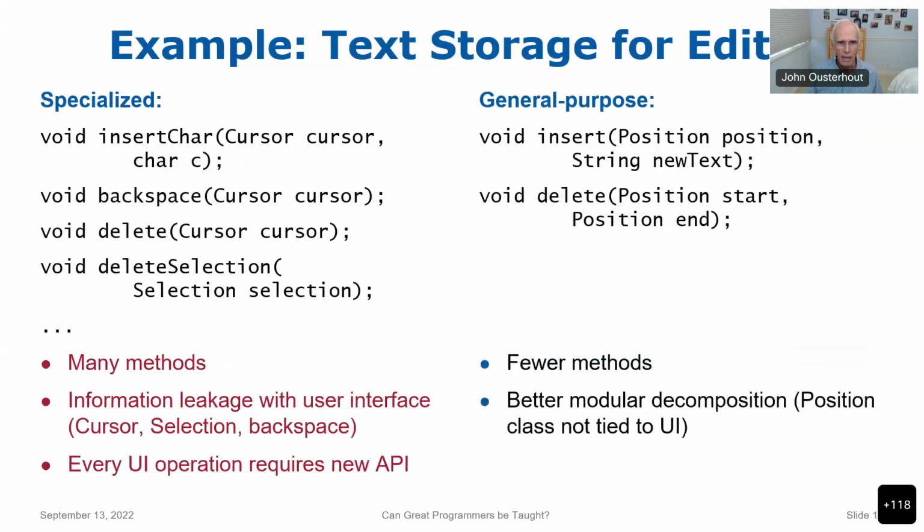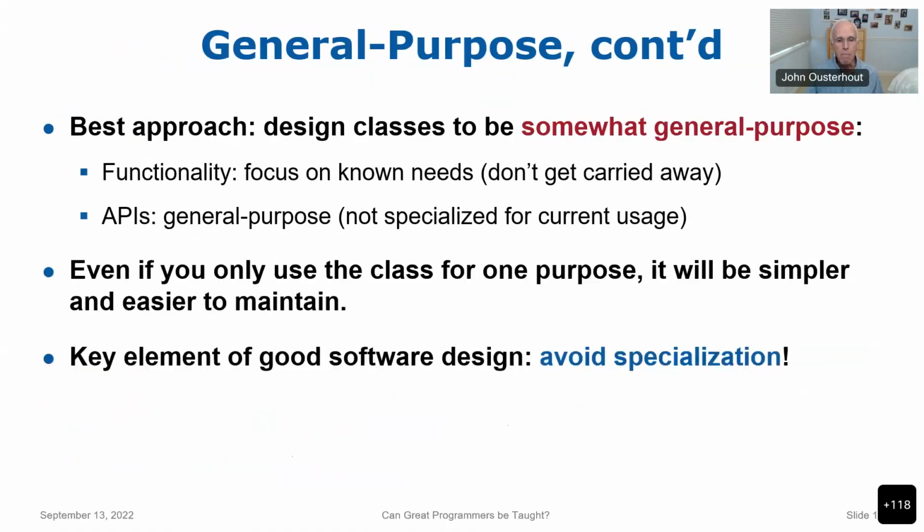Again, if you go back to the text example, the interfaces to the text object are very general purpose, not at all specialized to any particular user interface action or how the user interface is going to use the class. And my experience is that even if you never actually use the class for more than one thing, if it's only used for one purpose, you'll still find that it's simpler and easier to maintain.